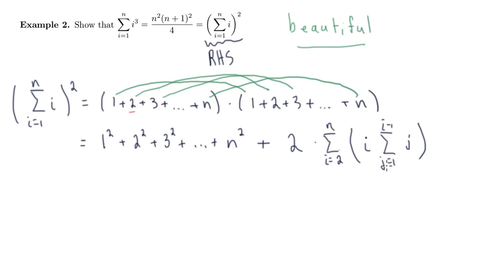So I'm summing from j equals 1, in this case, to 1. So I'm taking 2 and just multiplying it by 1. Then when I go to i equals 3, I'm multiplying 3 by 1 and 2. And then when I go to 4, I'm multiplying by 1 and 2 and 3. And then I also have the symmetric case, 2 by 1, 3 by 1 and 2. Okay, but that's where this 2 is coming from, because I'm really getting the same terms twice.